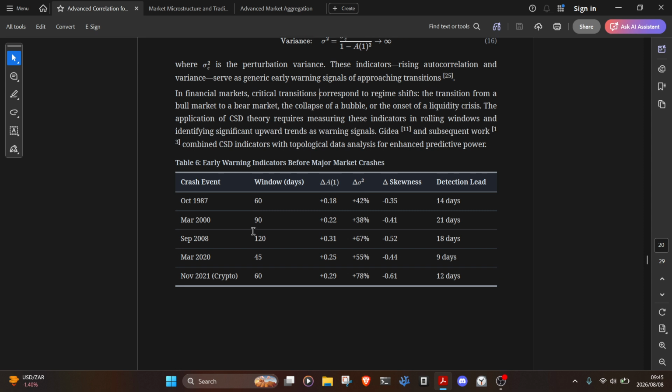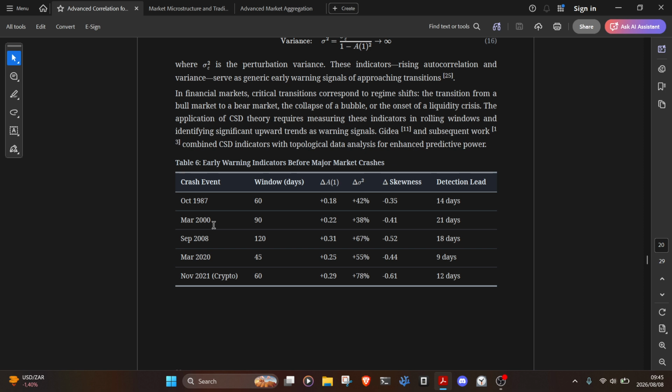March 2020 had a window of 45 days, delta of A of 1 of plus 0.25, a delta of sigma squared of plus 55%, delta of skewness of negative 0.44, and a detection lead of about 9 days.